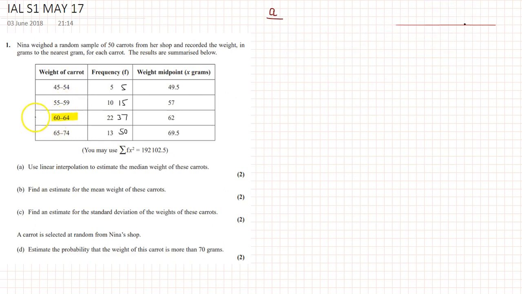This is 59 to 60, so the lower boundary is 59.5 and the upper boundary is 64.5.